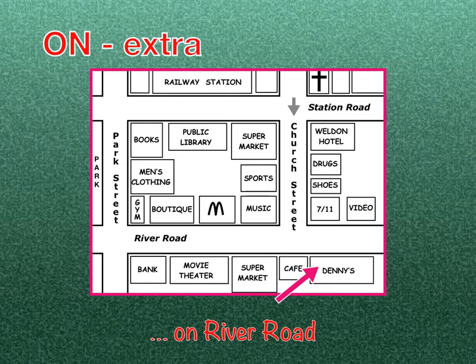This is the normal expression. The same here, all these shops are on Church Street. You could add that the hotel is on the corner. It's also across from the supermarket. And the supermarket is on the corner too.